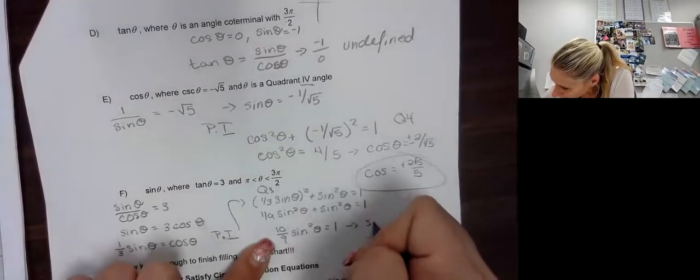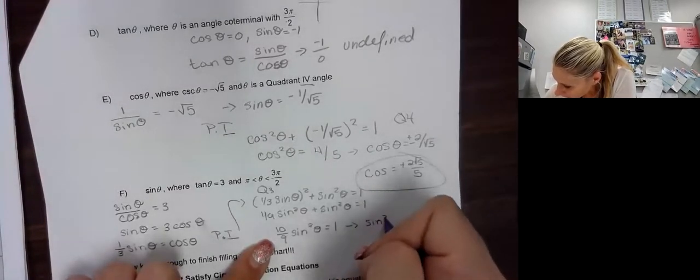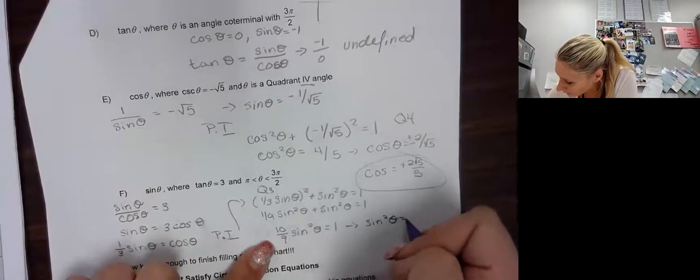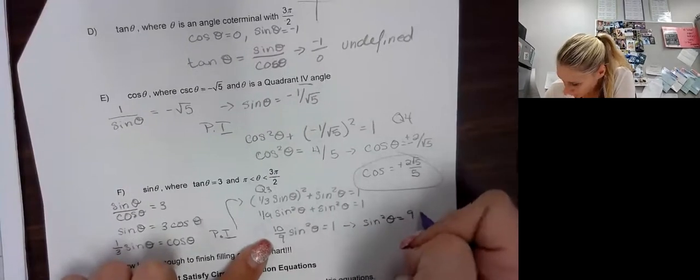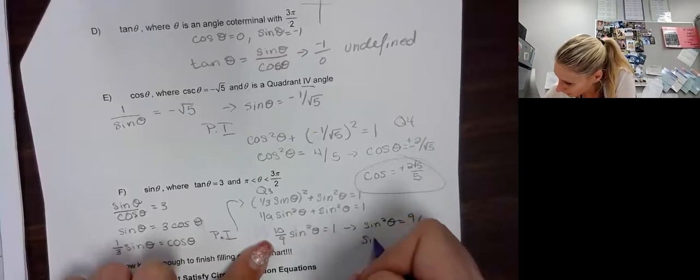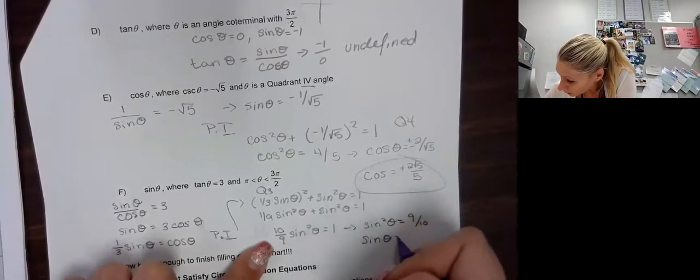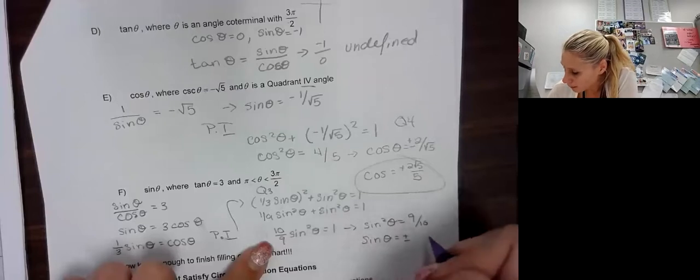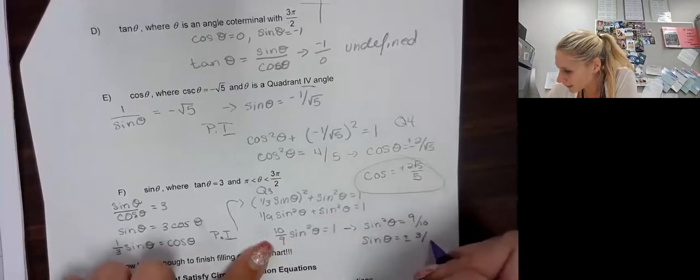So I get sine squared theta equals 9/10. Take the square root and get sine equals plus or minus the square root of 9, which is 3. The square root of 10 is the square root of 10.